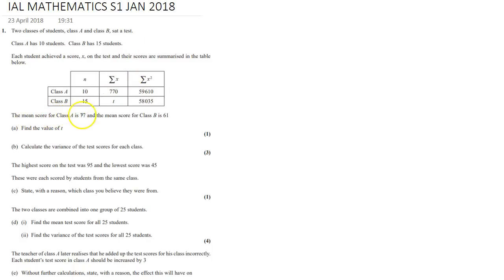The mean score for class A is 77, and for class B is 61. Find the value of T.